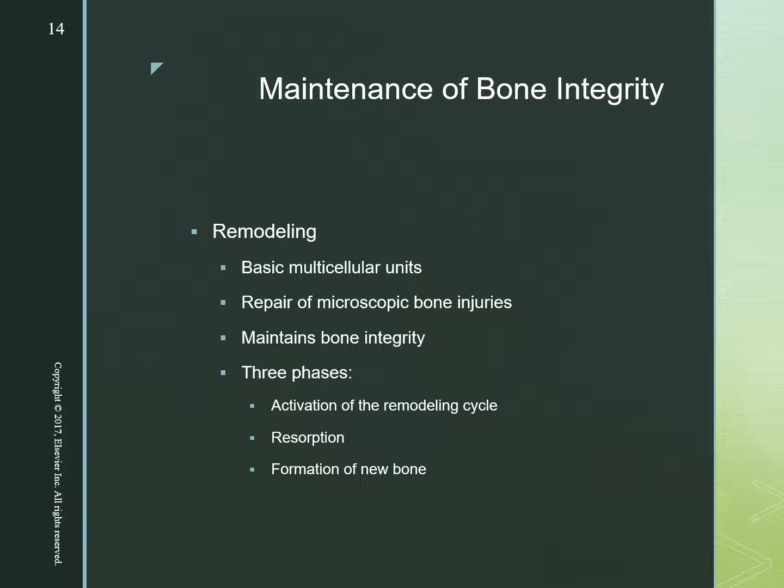So remodeling: our basic multicellular units repair the microscopic bone injuries and maintain bone integrity. And actually it happens in 3 different phases. So what we're going to talk about is the basic multicellular units carrying out remodeling: osteoclasts and osteoblasts. Then there's the activation of the remodeling cycle.